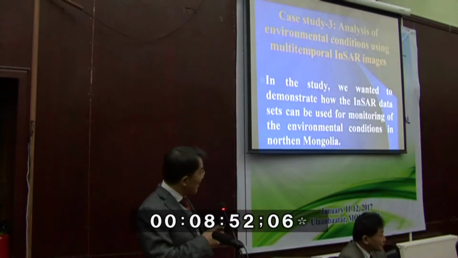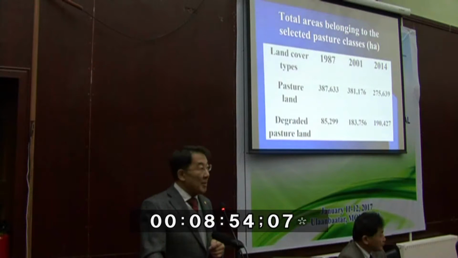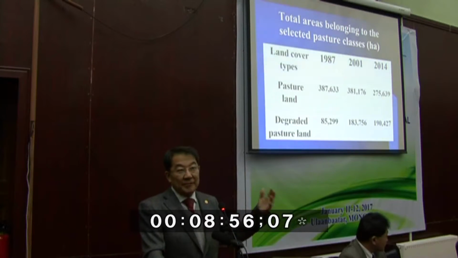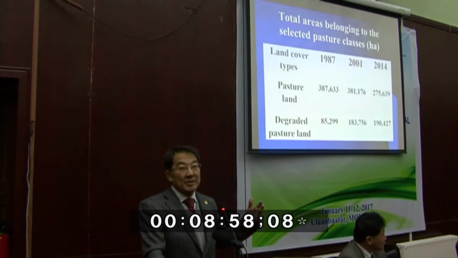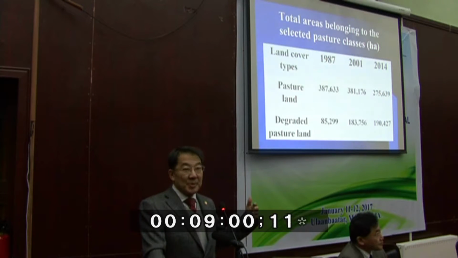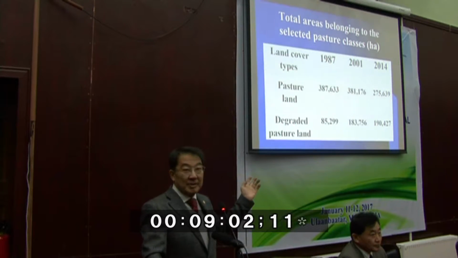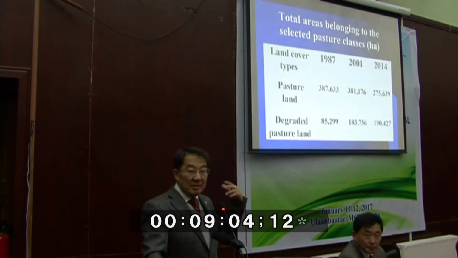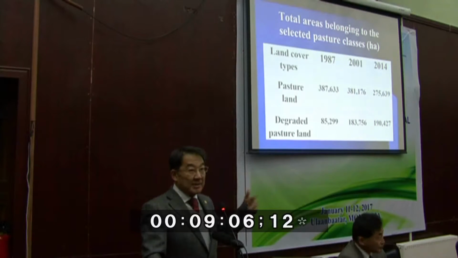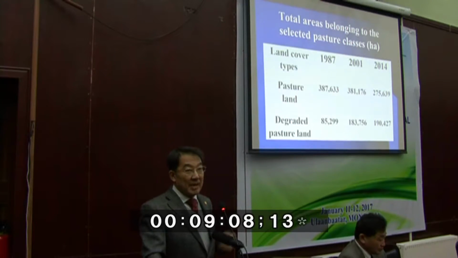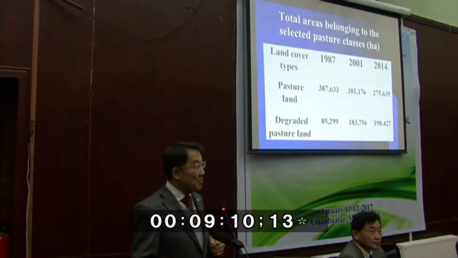While looking at those results, people working in the fields of environment, land management, and agriculture can use these data sets for their analysis and other decision-making processes.